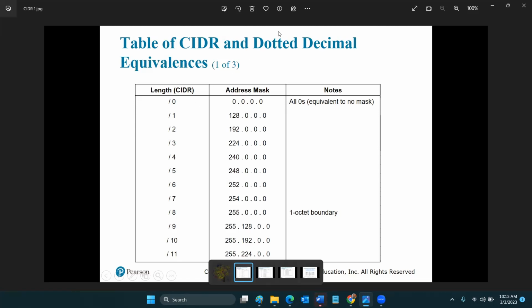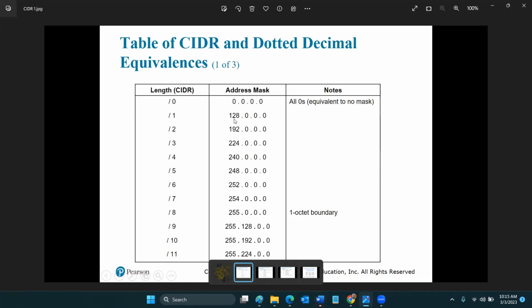This CIDR table is what's used to perform subnetting. So classless internet domain routing is when you take a given class, A, B, or C, and you decide, okay, this isn't very efficient. We're going to have to break it down into smaller networks.